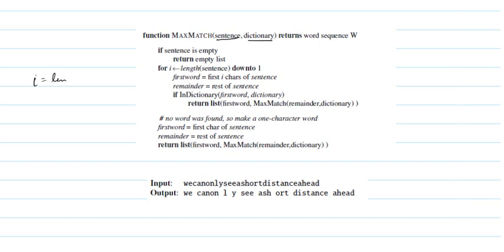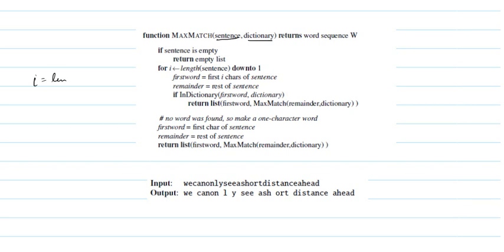Then the first word is the first I characters of the sentence, which at first means all these characters, and the remainder is the rest of the sentence.